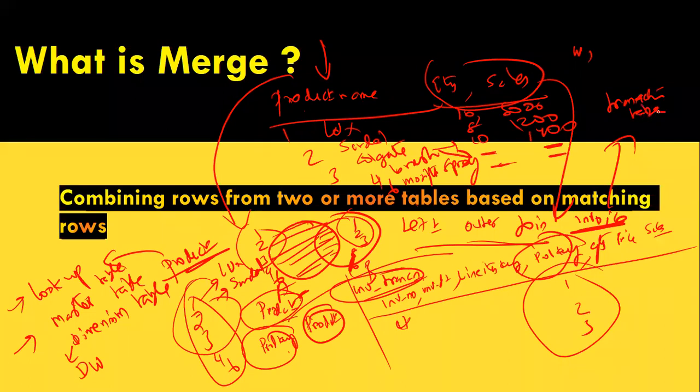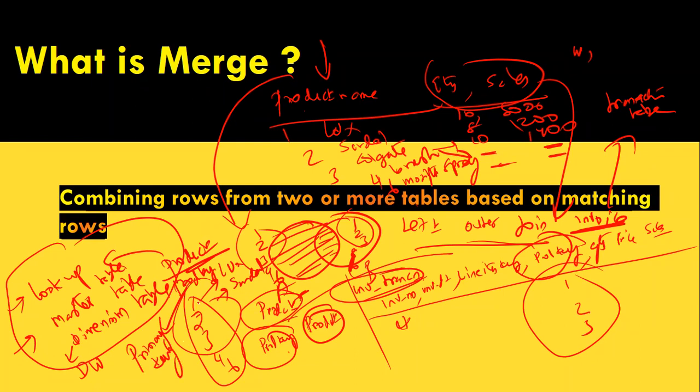Transaction table. In the lookup table or the dimension table, the product key is a primary key. Primary key means you cannot have one more product key as 1, 2, 3 and so on. Once you give 1 for a Lux product, you cannot use the same product key for any other product.